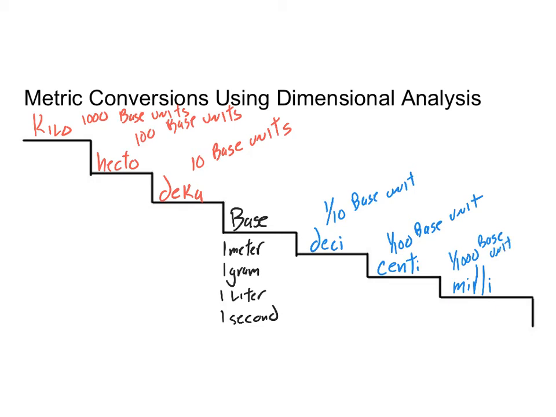So if I was to write a conversion factor, for example, between meters and millimeters, I know that milli means 1/1000th of a base unit, so if I have 1 meter, it would be equal to 1,000 millimeters.